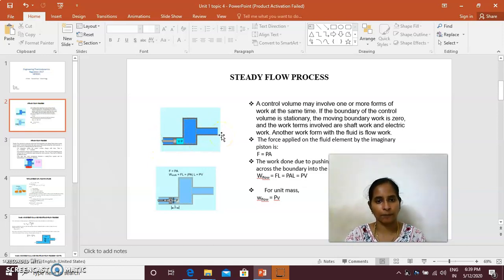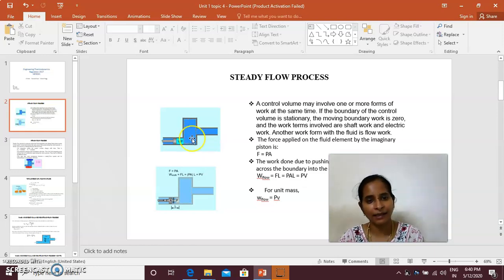So we have to supply energy to that substance to move from one point to another. If they cannot do it by themselves, we have to supply the energy.